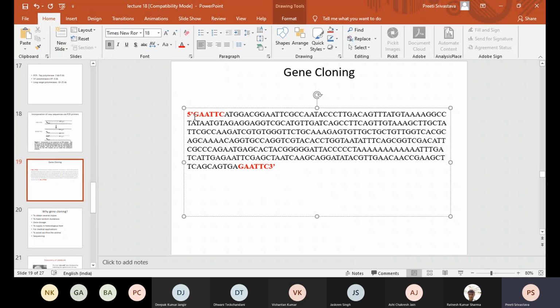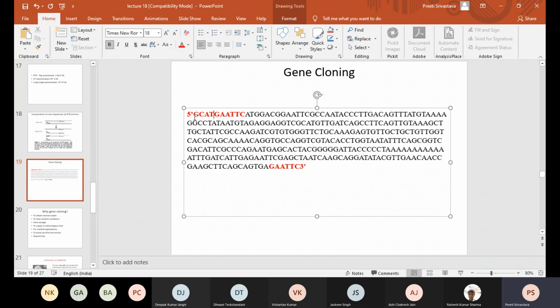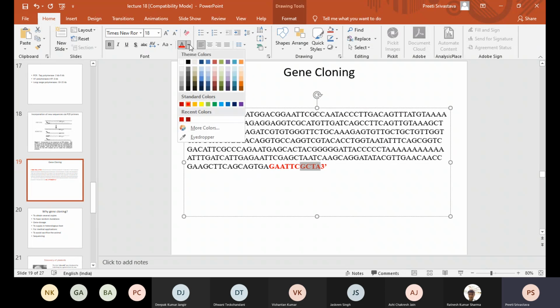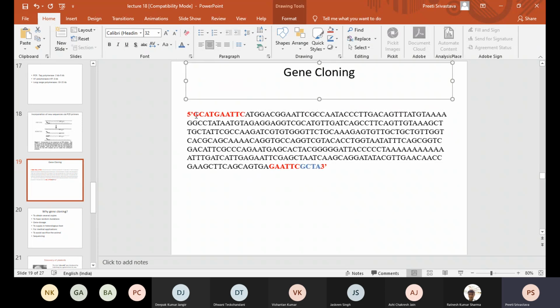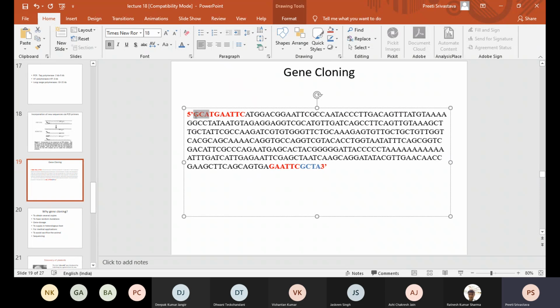For example, we add GCAT, something like this, and here also you can add GT or something. This is just a random sequence. Now what is the purpose of this random sequence? Why at all do we need this random sequence in the primer for cloning the gene?